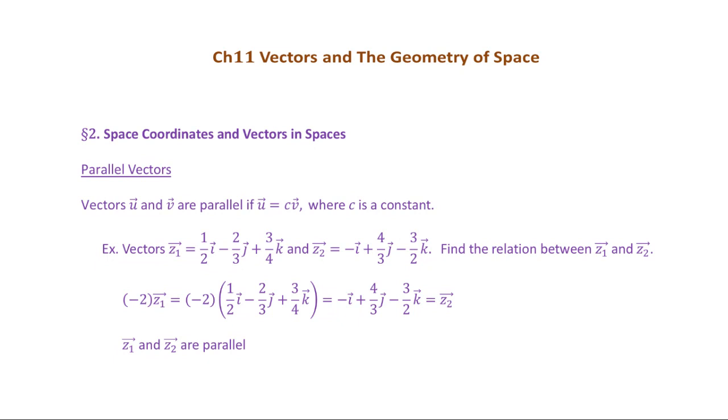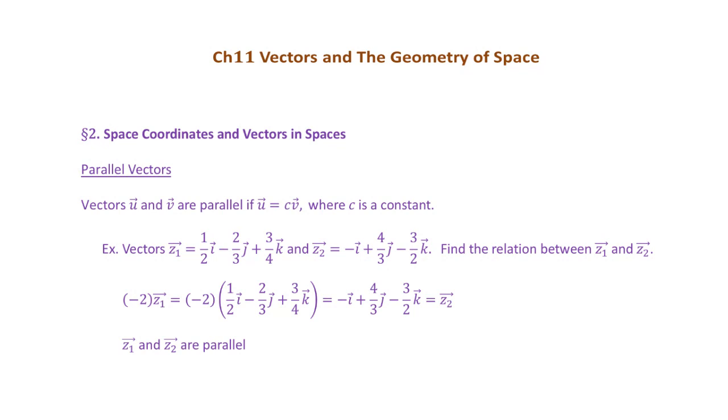So guess what? If you compare this with z2, they're exactly the same. So we just got the relation: -2 times z1 is just z2. In other words, these two vectors are multiples of each other. And this -2 essentially means that the two vectors have opposite directions.